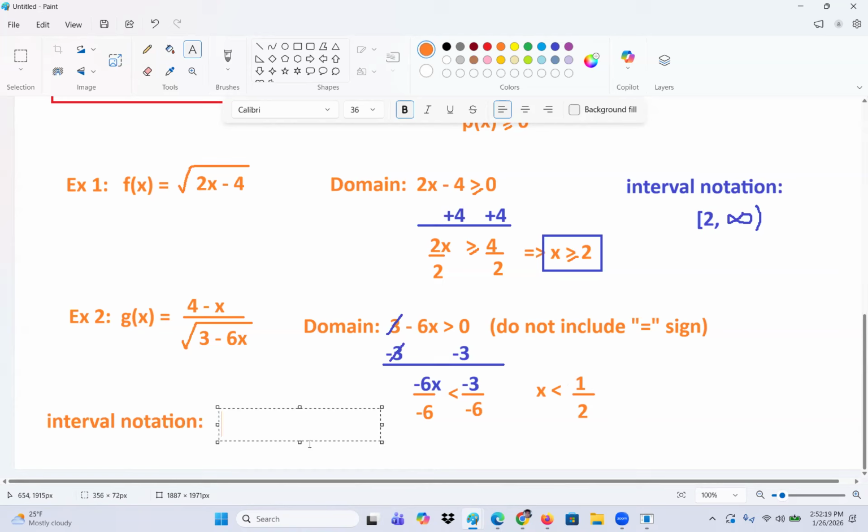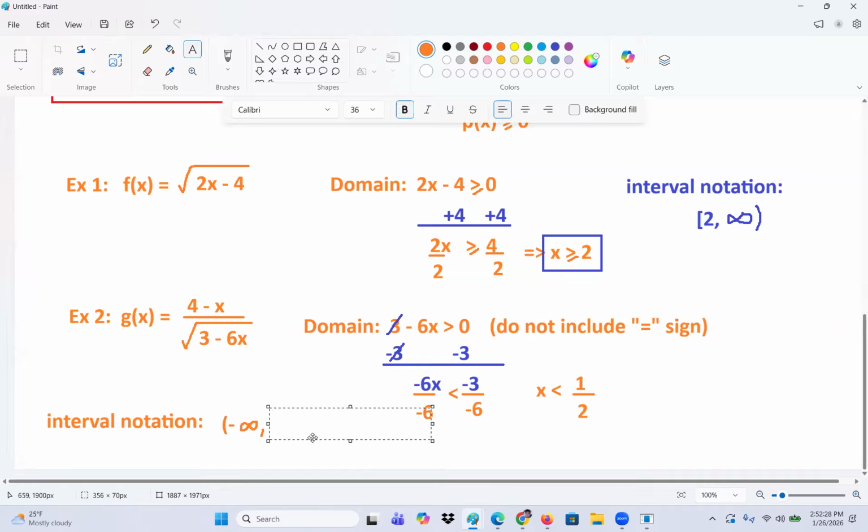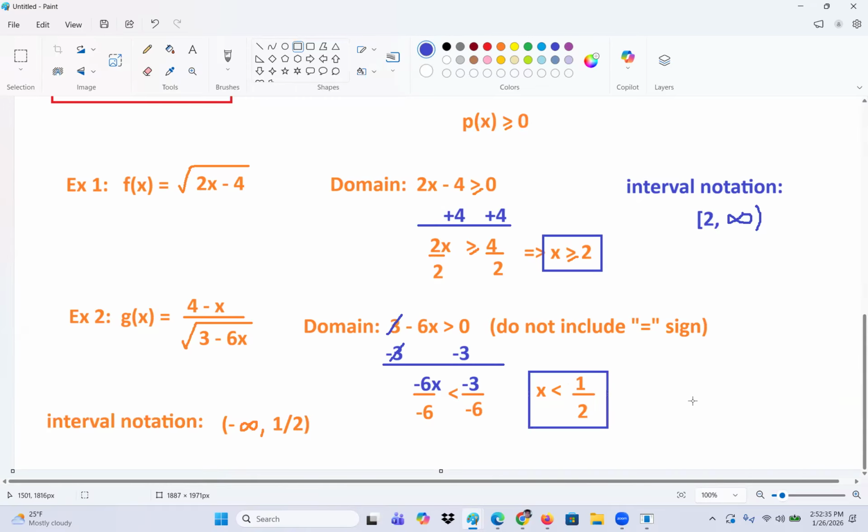We have to use the parentheses. So that will be from -infinity up to 1 over 2. And that's it. But you're not required to do this. We just simply write x less than 1/2. We give you full credit for sure. And that's what it is.